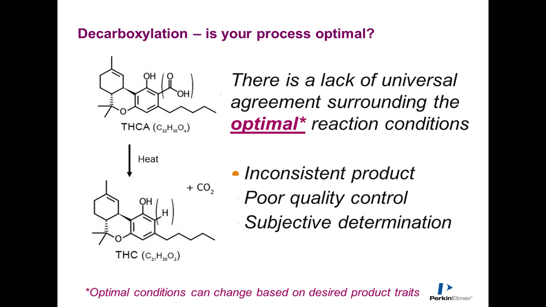So a lot of edible, topical extraction producers want to convert that THCA to THC. This is traditionally done by just heating the sample and stirring it until the CO2 bubbles dissipate. This is thought to be very inconsistent and offer poor quality control because overextending the heating will also drive off some of the terpenes that are volatile.